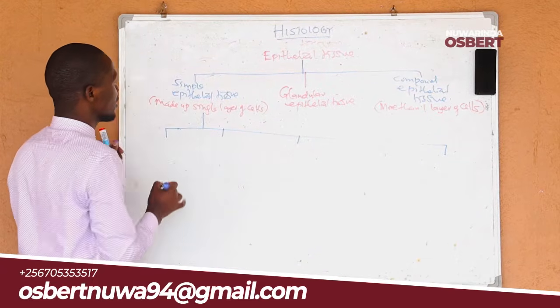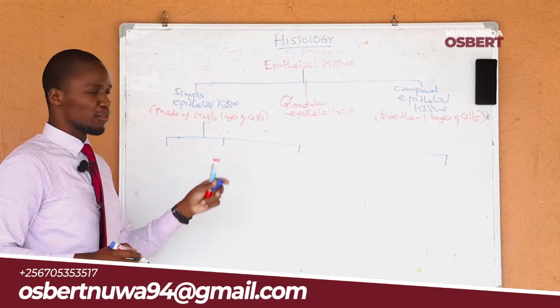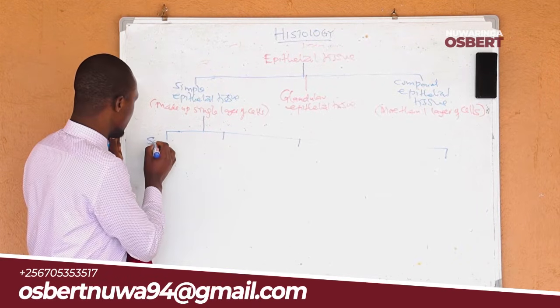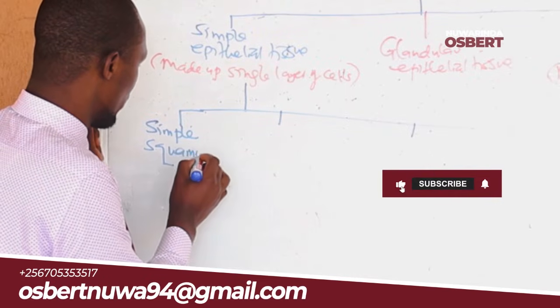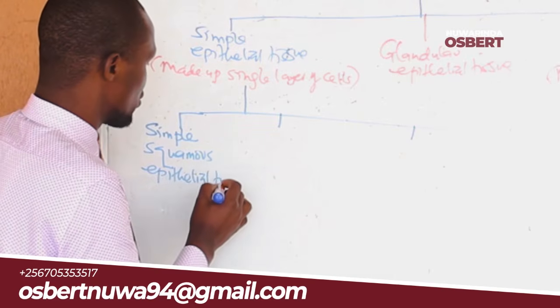We have got epithelial tissues which are made up of a single layer of cells, but which fall under what we call simple squamous epithelial tissue.